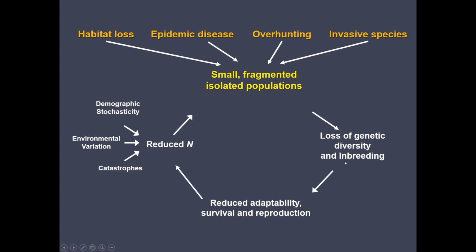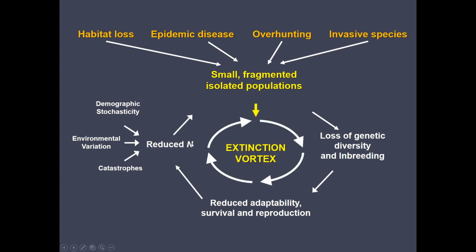With a small population, inbreeding becomes a bigger issue, and so on and so forth. And the key here is that this process is called the extinction vortex, where a small population is kind of stuck in this vortex.